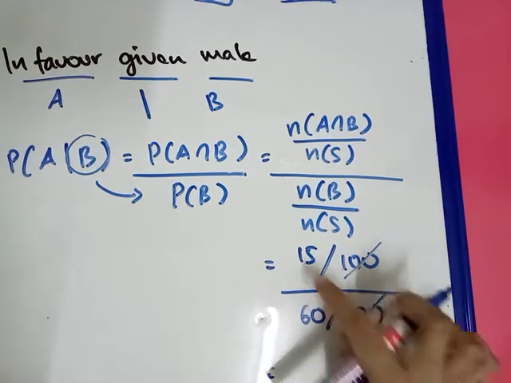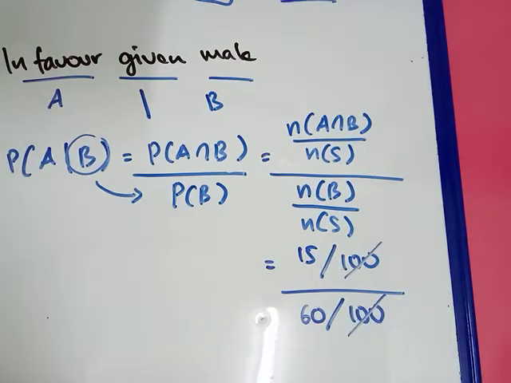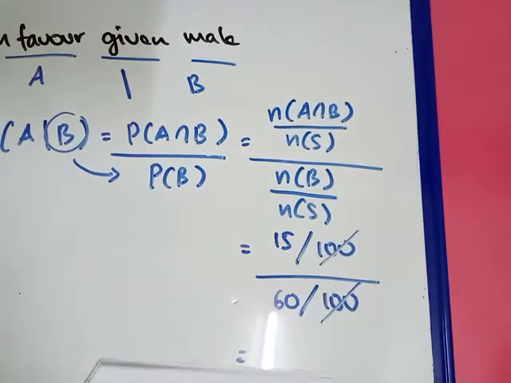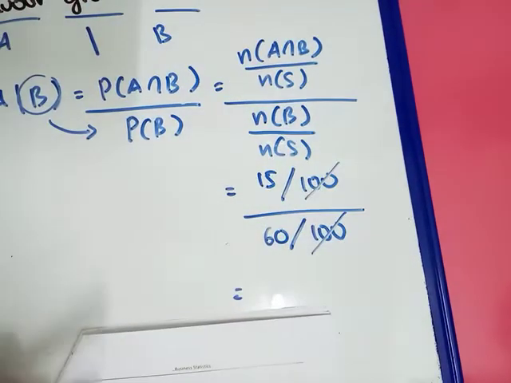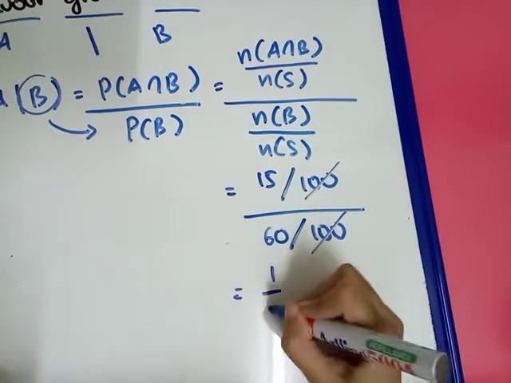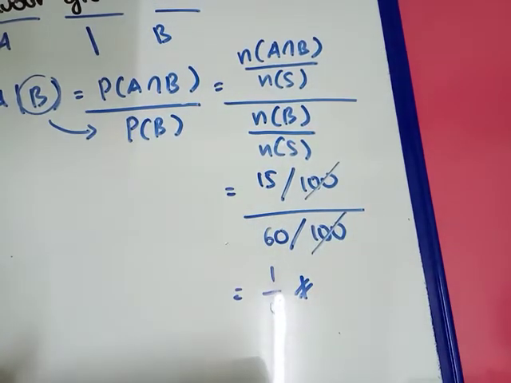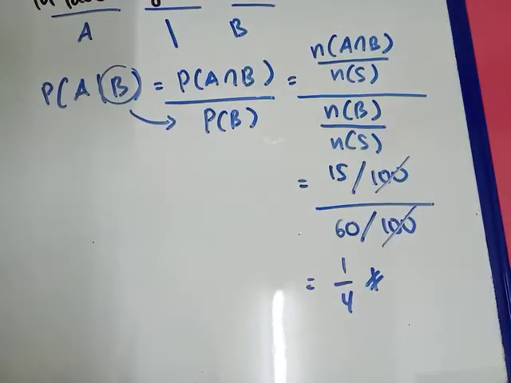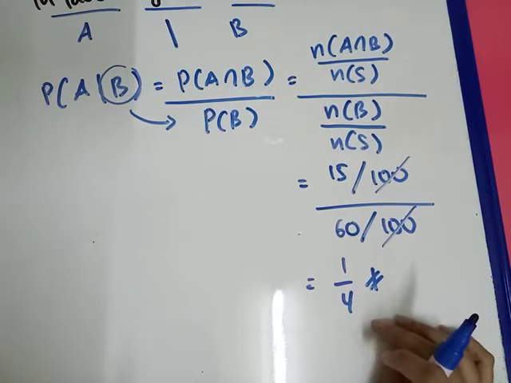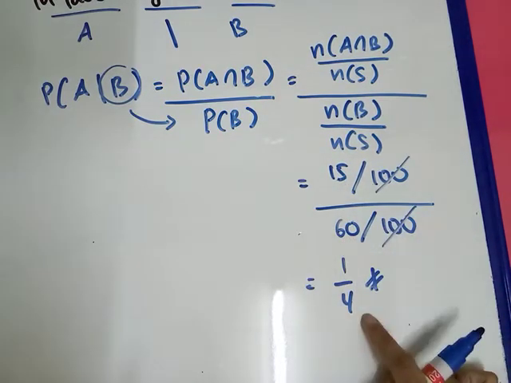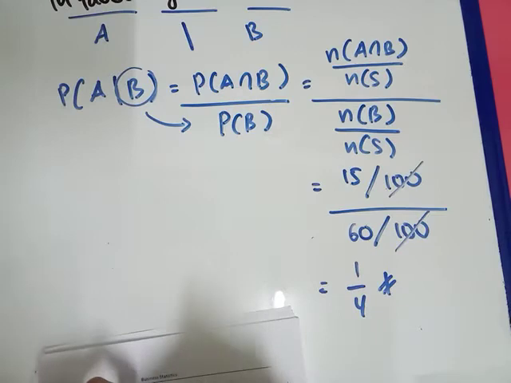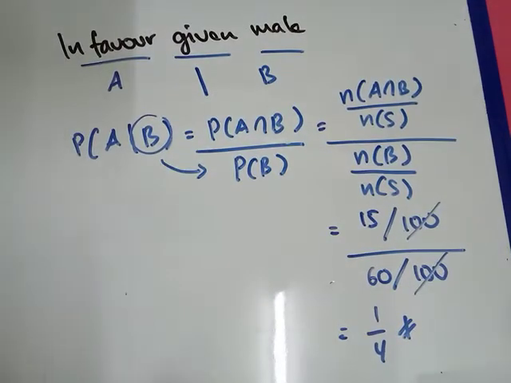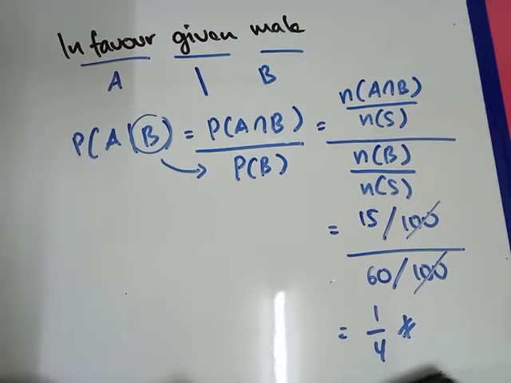So 15 divide 60, you get 1 over 4. This is the answer for B, probability in favor given male. Dia faham dah? Kalau tak faham, boleh tanya dalam WhatsApp nanti.